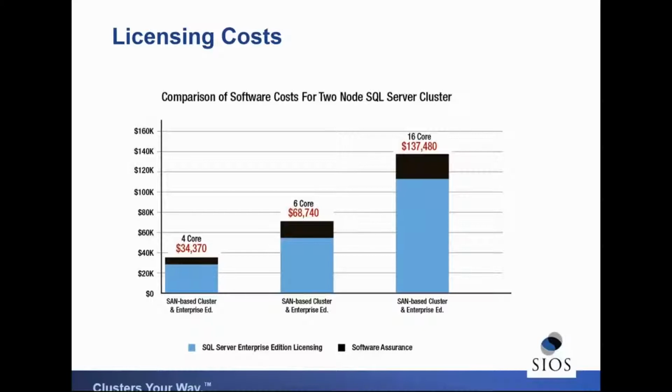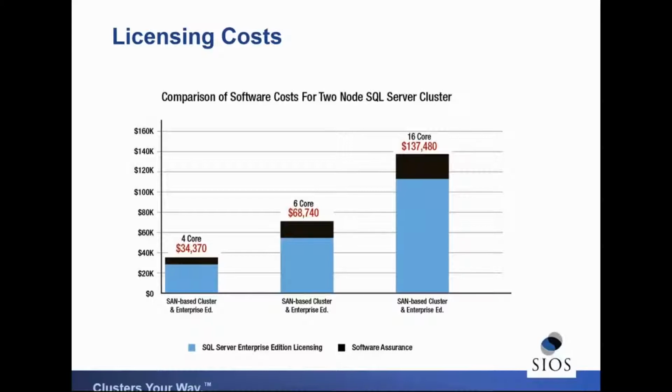In looking at that, our total cost would be $34,370, and this would be to run a 2-node VM cluster. With a more traditional 6-core, that number doubles, obviously, up to $68,740, and then we get into a 16-core box. So this would be a data warehouse box with, say, 4-core processors, and we're looking at $137,000 total. So those numbers add up really fast.